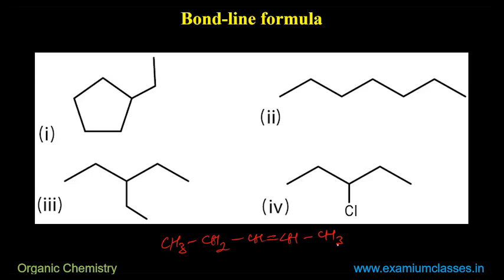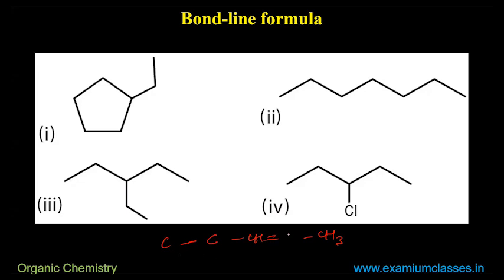There will be a total of 4 bonds. Suppose I write just C with one bond shown; the rest will be hydrogen. If I write C with 2 bonds, the remaining 2 will be hydrogens.